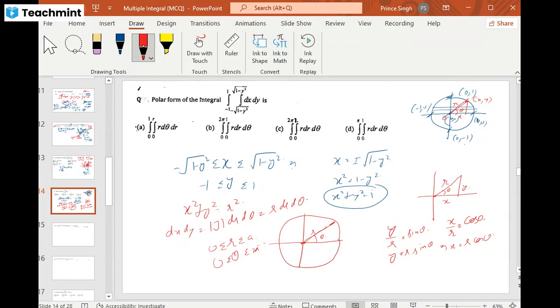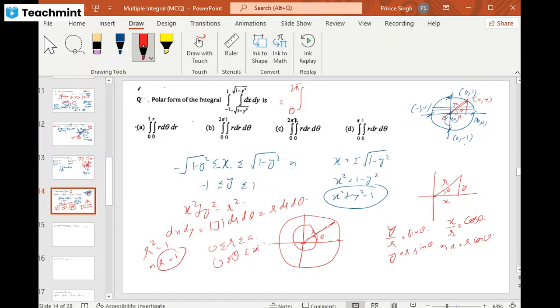If we substitute all these values in this integral, then the limit of theta varies from 0 to 2 pi, because to construct this circle we need to make the whole rotation of angle theta. Since x square plus y square equal to 1 and x square plus y square equal to r square, r square is equal to 1, so r equal to 1.